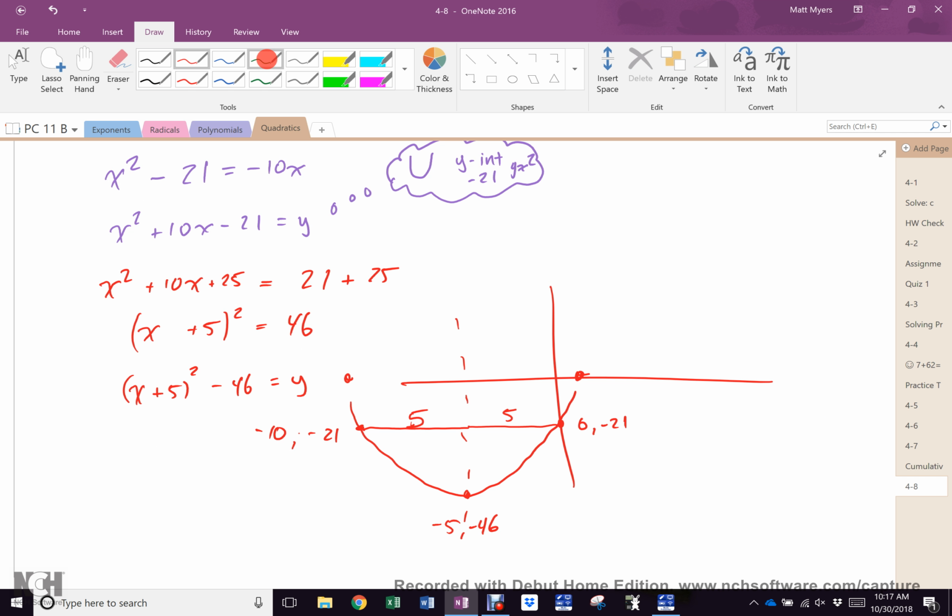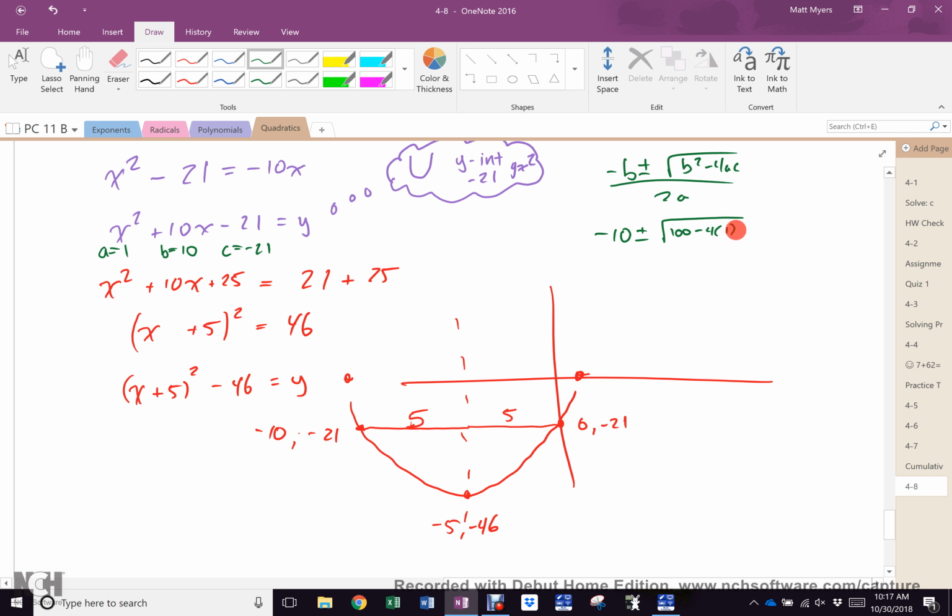Cool, no problem. So quadratic formula, negative b plus or minus the root of b squared minus 4ac, over 2a. So here it is. What's a? a equals 1, b equals 10, c equals negative 21, right? So negative b, that's negative 10 plus or minus the square root of 100 minus 4 times 1 times negative 21, over 2, right?